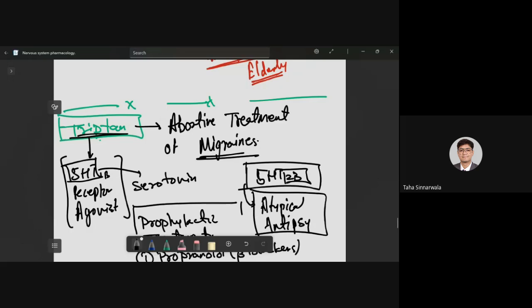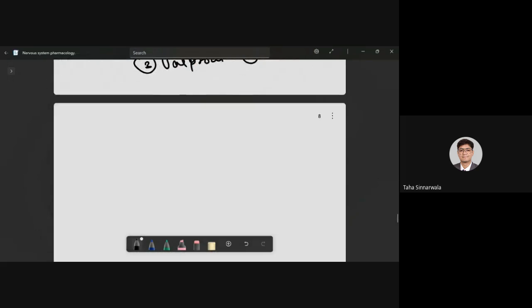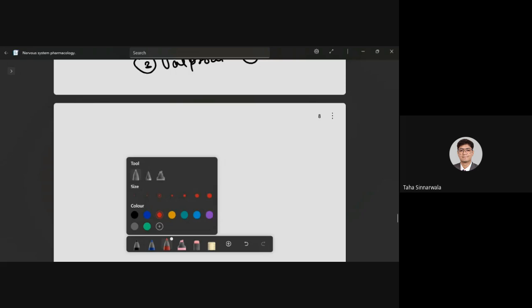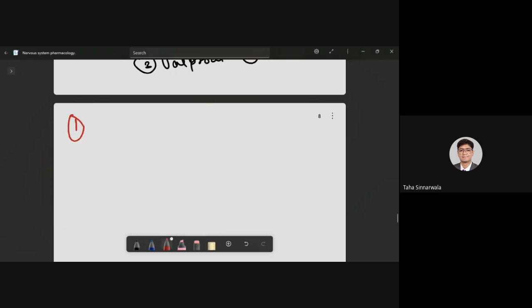And how do they work? They are serotonin agonists. Now, with relation to triptans, there are two conditions where you absolutely do not want to give triptans. The first one is whenever they have Prinzmetal angina. So, okay, I'll just write this.